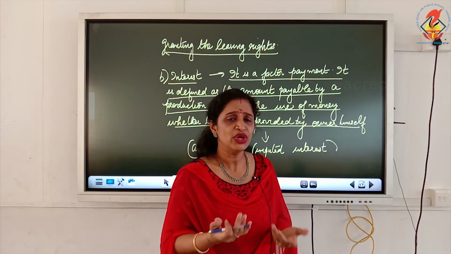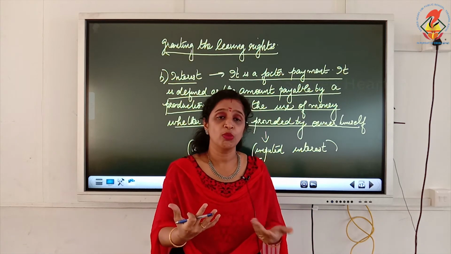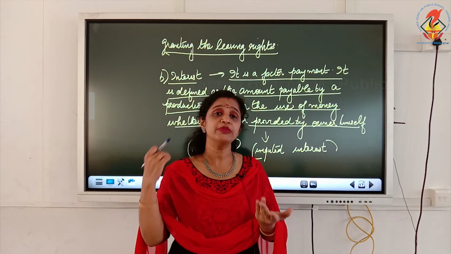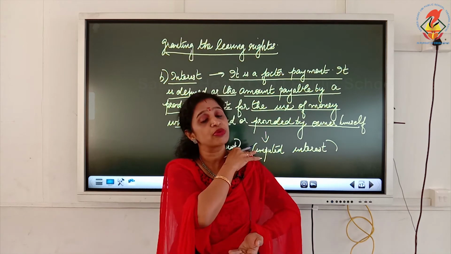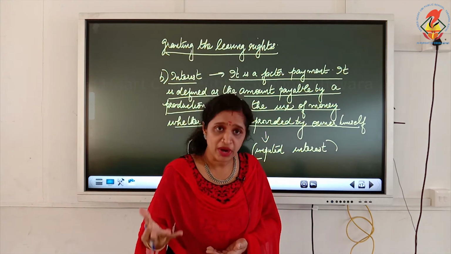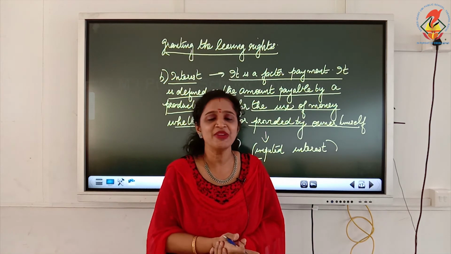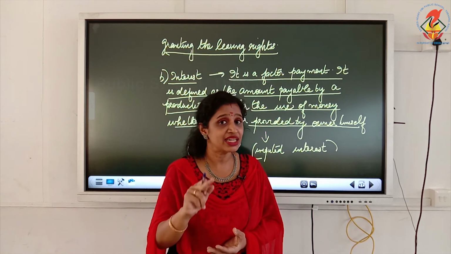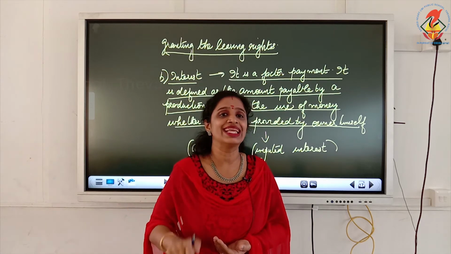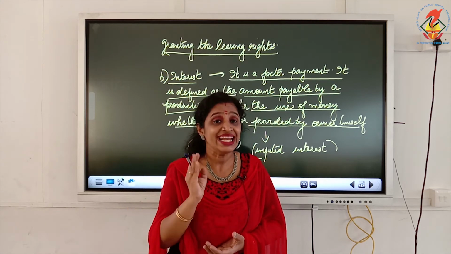We use money for both production process as well as consumption purposes. Sometimes we borrow money for the production process as well as for the consumption process. If we borrow money, we have to definitely pay the interest. So interest which is paid for the money which is borrowed for our need is known as the interest.